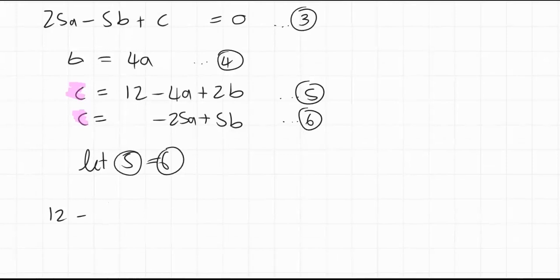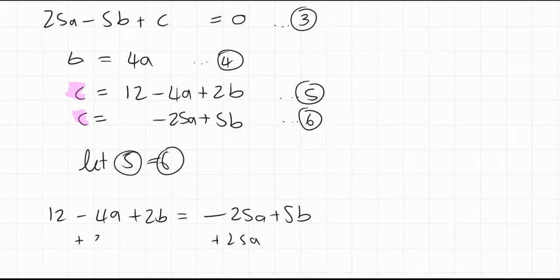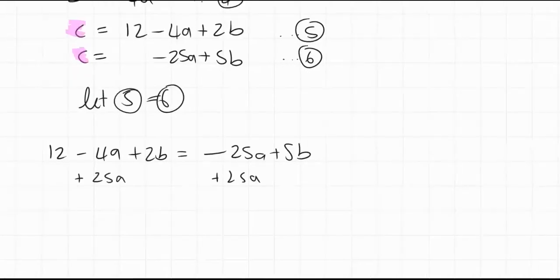So 12 minus 4A plus 2B is equal to minus 25A plus 5B. Let's add like terms. So plus 25A on both sides, and we can also minus 2B on that side.